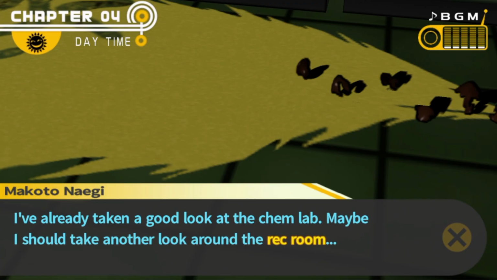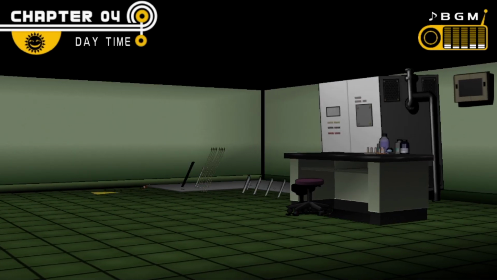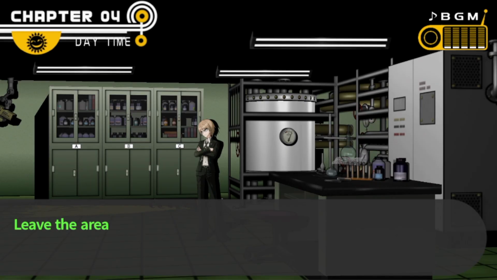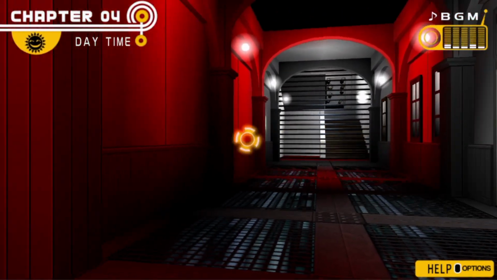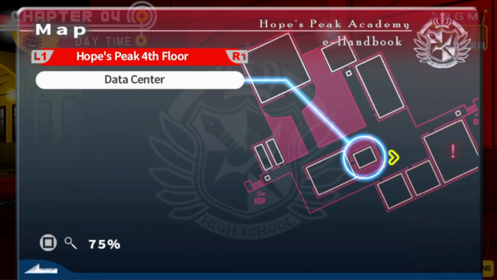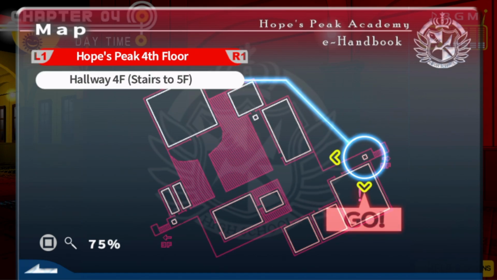I've already taken a good look at the chem lab. Maybe I should take another look around the rec room. Okay, let's leave before Byakuya yells at us some more. We're gonna fast travel over to the stairs.